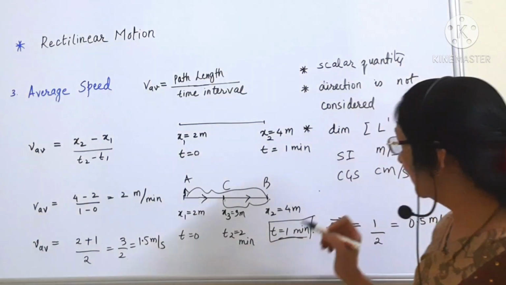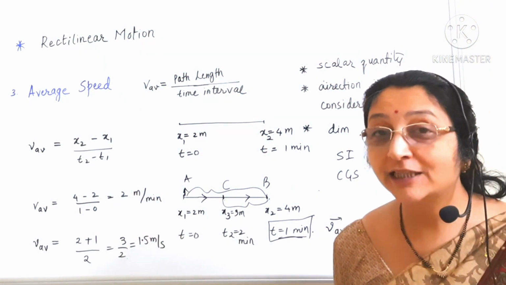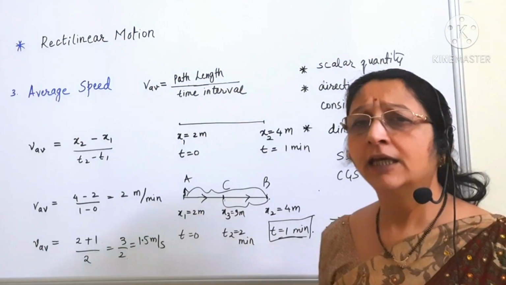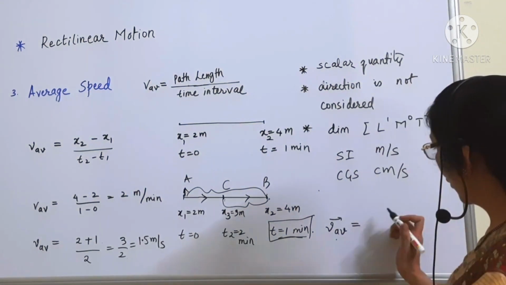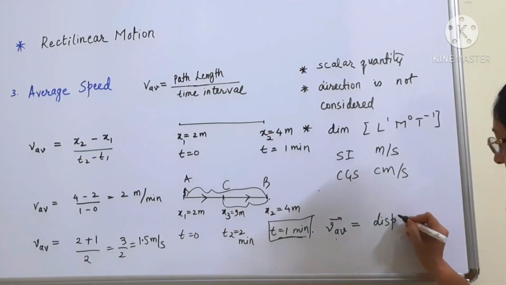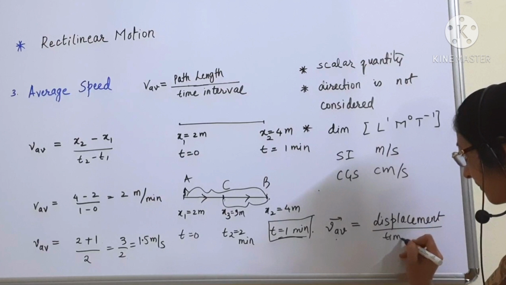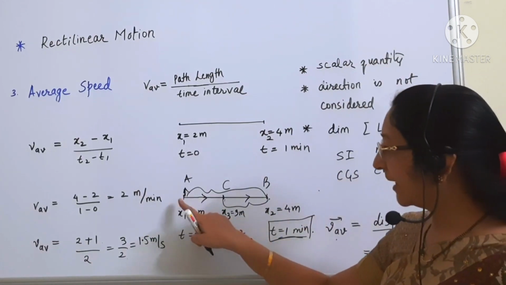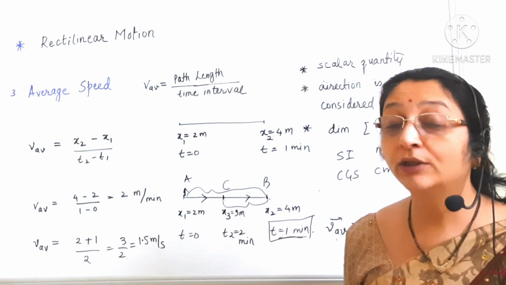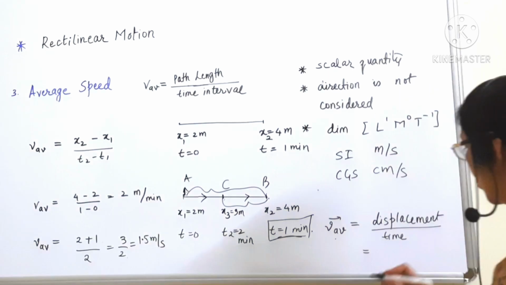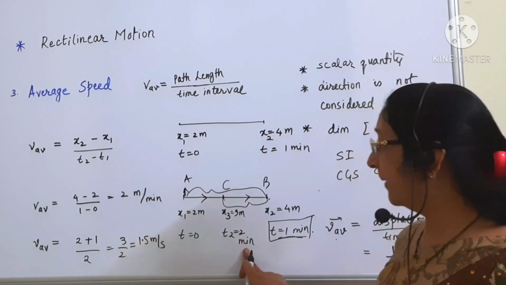Now, similarly, what is the average velocity? The average velocity is the displacement upon time. The displacement is from x equal to 1 to x equal to 3; the particle has moved from A to C. So, the displacement is only 1 meter, and the time required to move from A to C is 2 minutes.